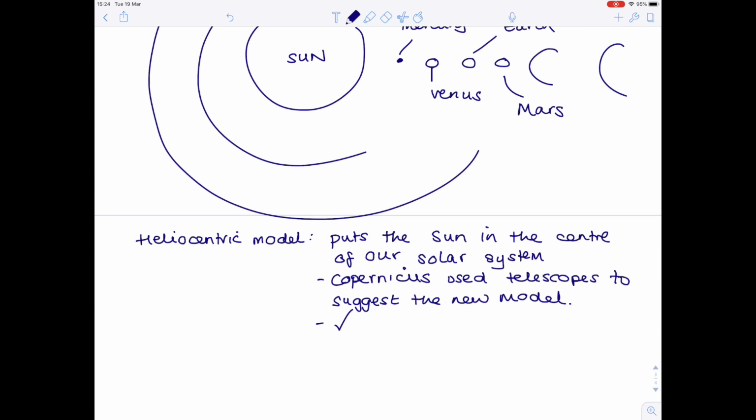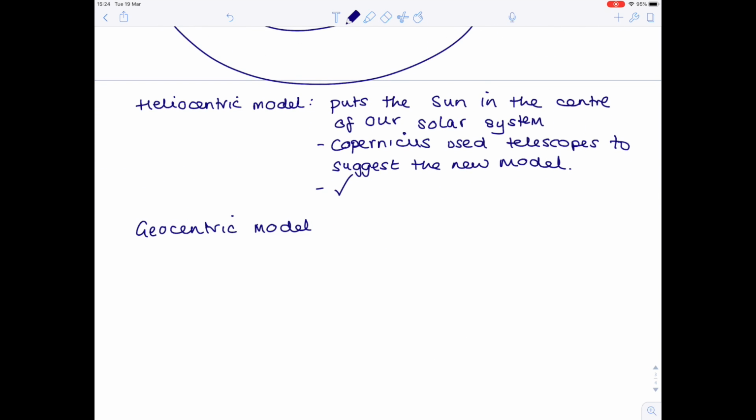So historically speaking, what was the other model of the solar system? Well, it was the geocentric model. And as you might imagine, because we had no evidence to the contrary, we put ourselves as humans on Earth in the centre of the solar system. So this puts the Earth in the centre of our solar system. And the reason for this really is because we were basing all our judgments on what we could see with our naked eye.